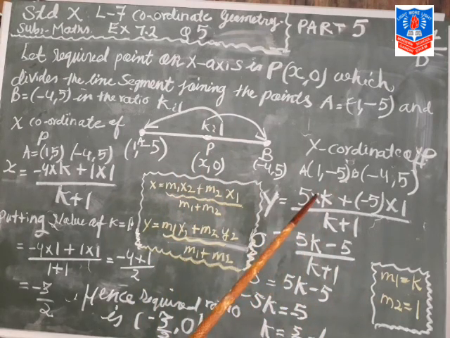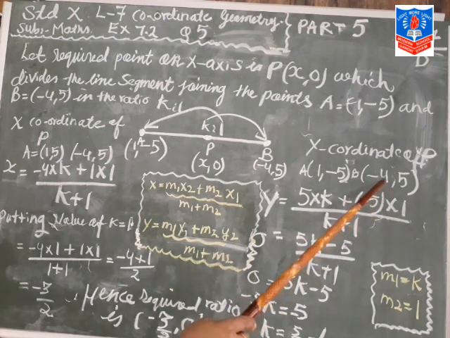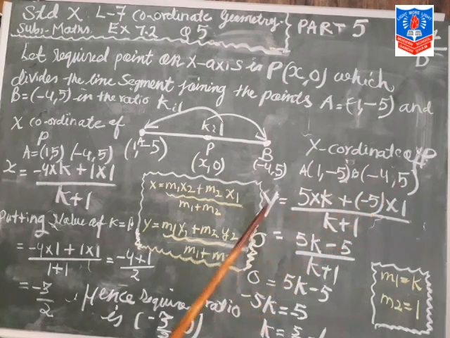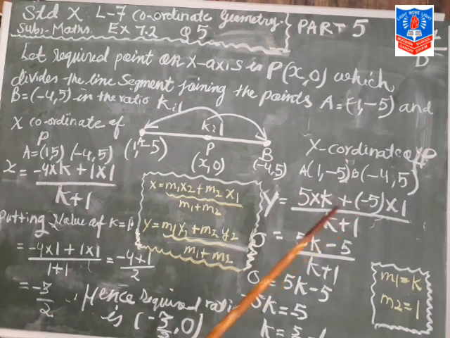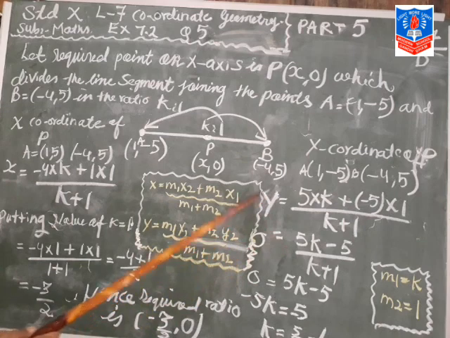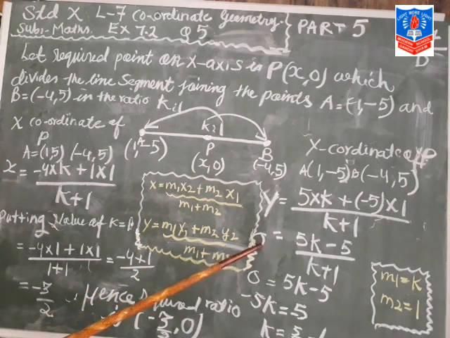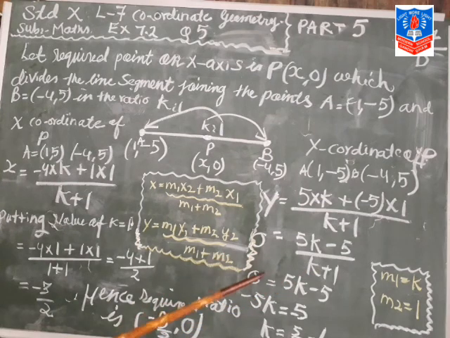Okay, so 5 into K, and here K and 1, K and 1. Okay, y2 is 5 and y1 is minus 5. So 5K minus 5. And here y equals 0, because any number when you multiply by 0 you get 0.